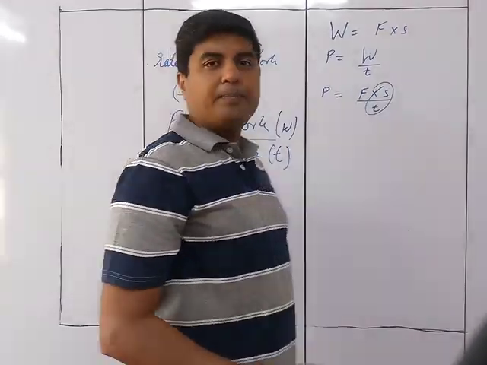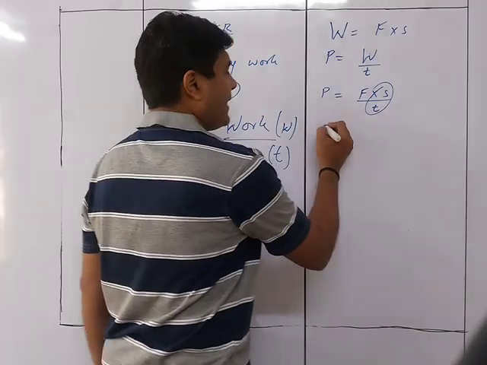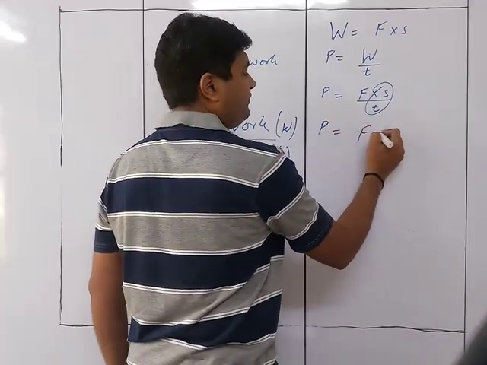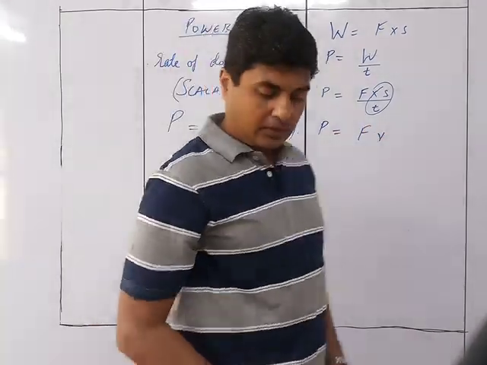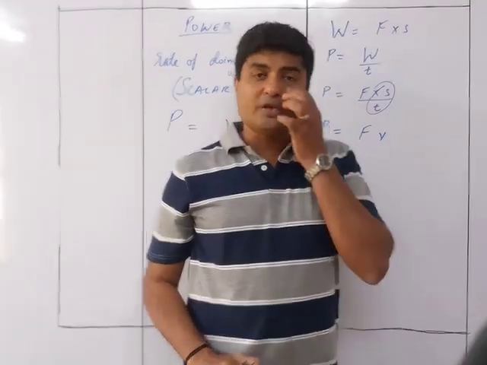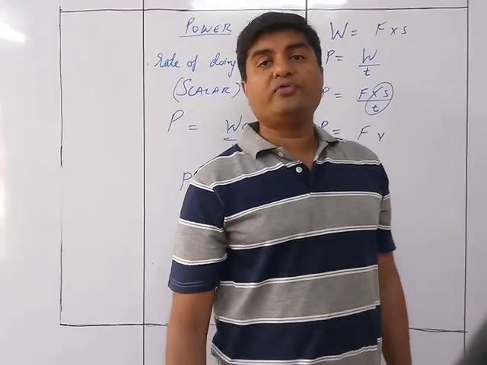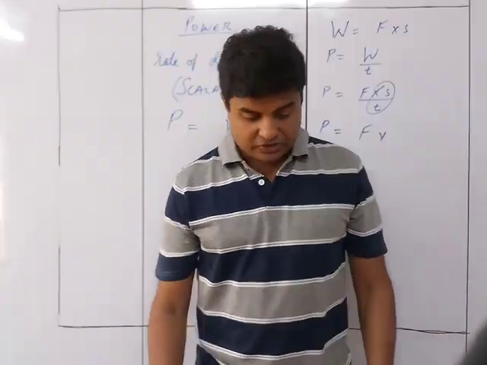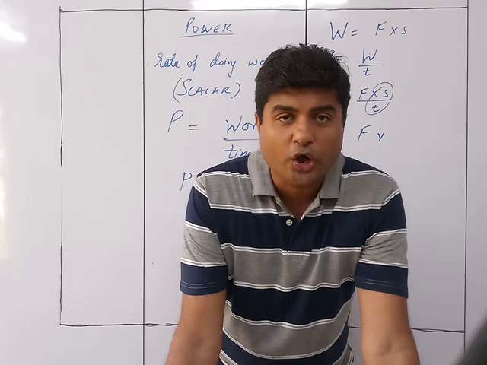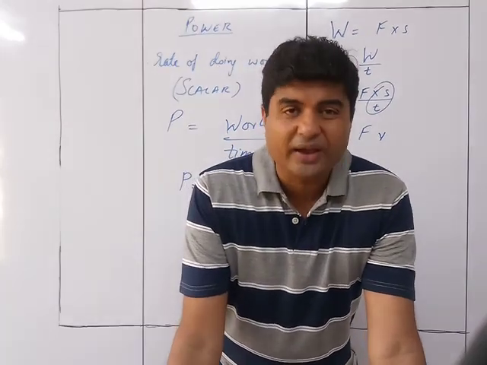That is displacement upon time, which is velocity. That's why power can also be given as F into V. Understood? Power can also be given as force into the average speed of that particular object. So this gives us another formula, that power is equal to F into V.